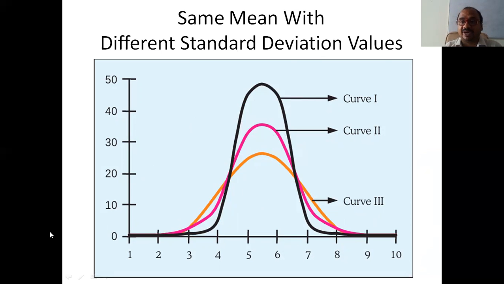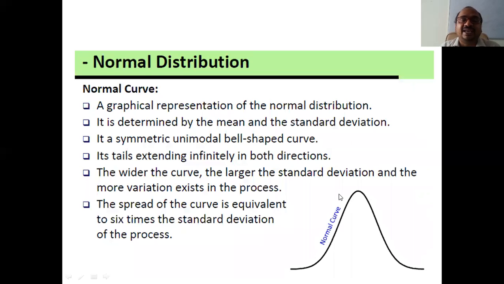You have to keep that in your mind. Variability starts. The wider the curve, the larger the standard deviation, and the more variation exists in the process. The spread of the curve is equivalent to 6 times the standard deviation of the process. Spread, how widely data is distributed, is 6 times the standard deviation.